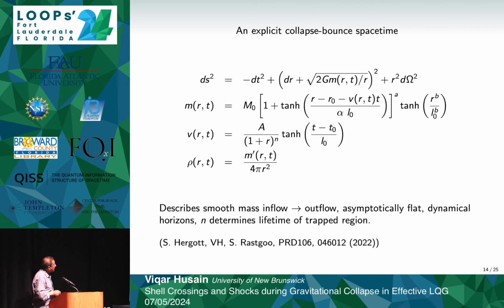It's asymptotically flat. It describes smooth inflow and outflow, and it has dynamical horizons. As I said at the bottom, this n doesn't need to be an integer, and it determines the lifetime of the trapped region. So although this is just cooked up and is not the solution to any theory, it has some interesting features that you can read off from here.